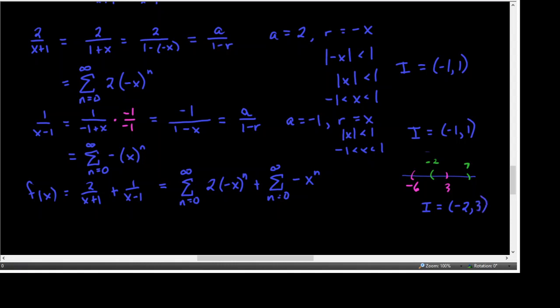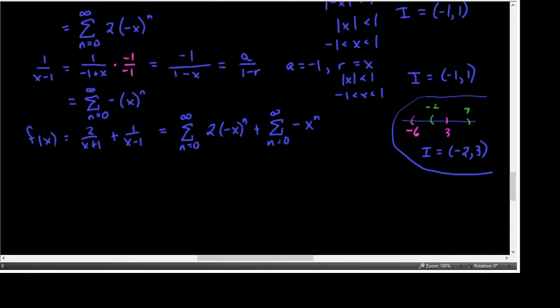So if they're not the same, you can only use the intersection of the intervals of convergence, because it has to converge for both of them, and that only happens where the two intervals overlap. Okay, but anyway, this one has an interval of convergence. I might as well write it. The intersection of -1 to 1 and -1 to 1, of course, is -1 to 1.